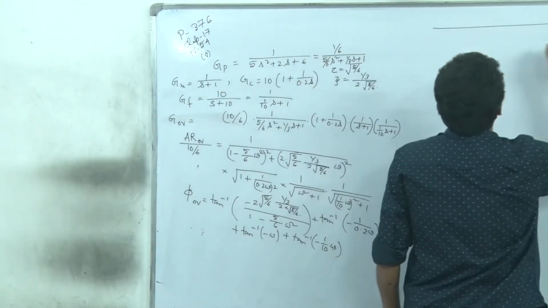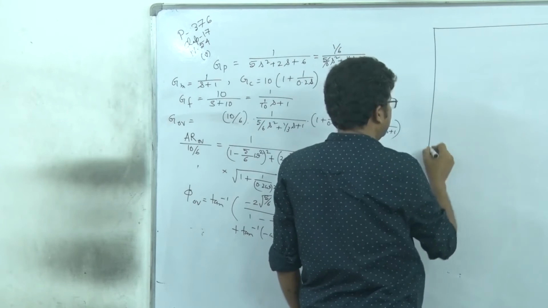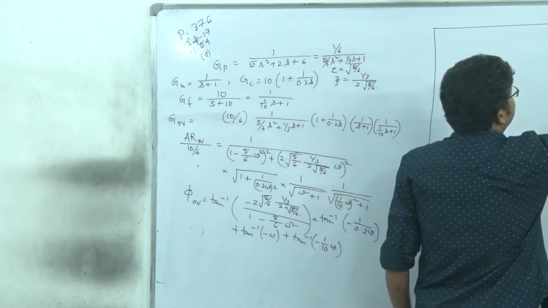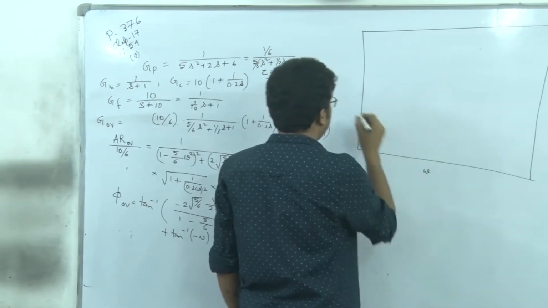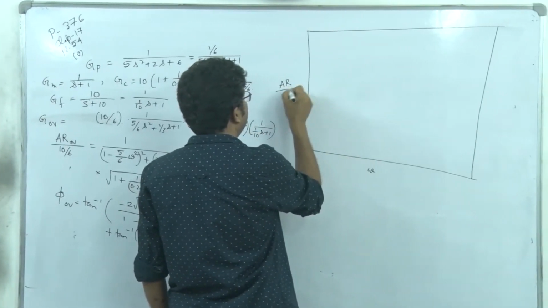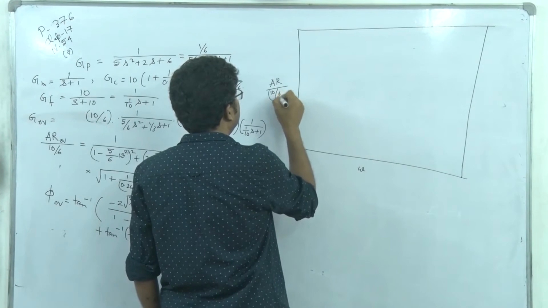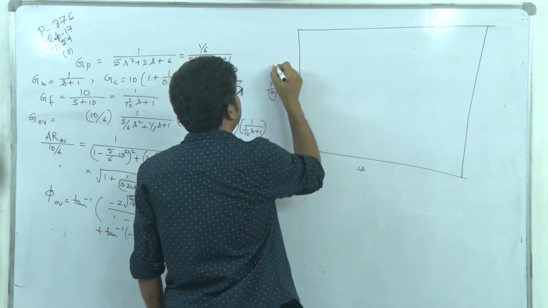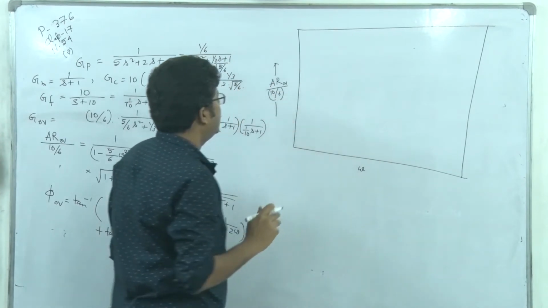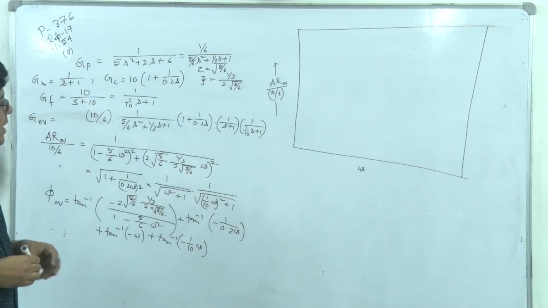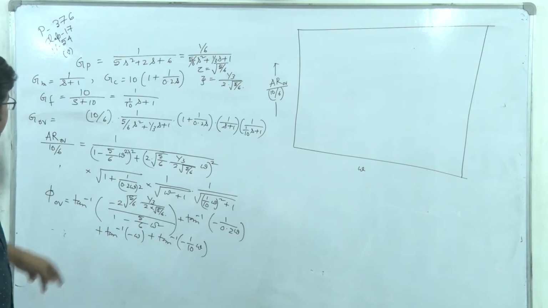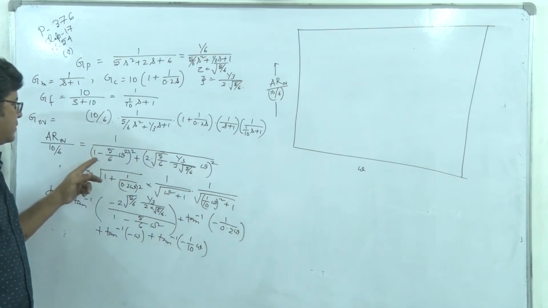So here you see that this is omega and here we are plotting AR divided by 10 by 6. Overall we will plot, but before that we are plotting the individual amplitude ratios considering the gain to be individually equal to 1.